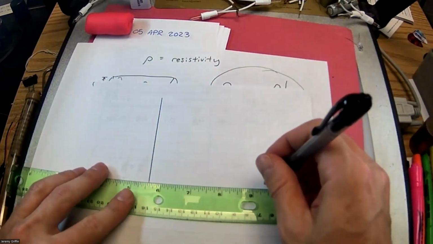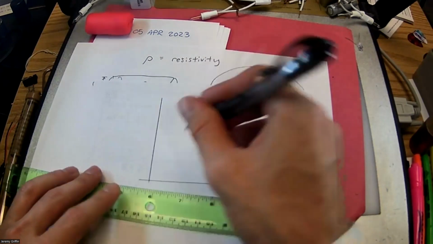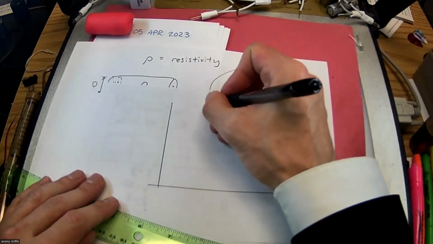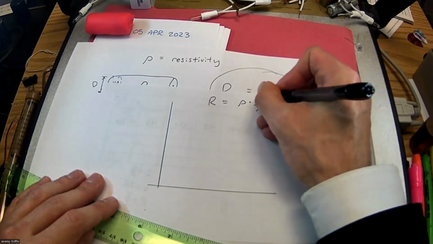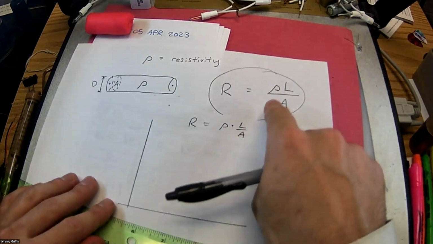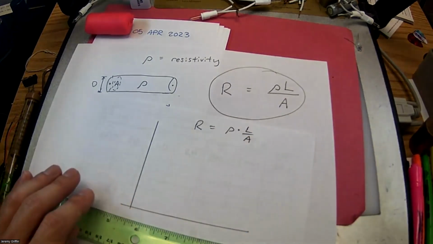Couple of axes. Now, since resistance is equal to resistivity times length over area, that's what we've been using.